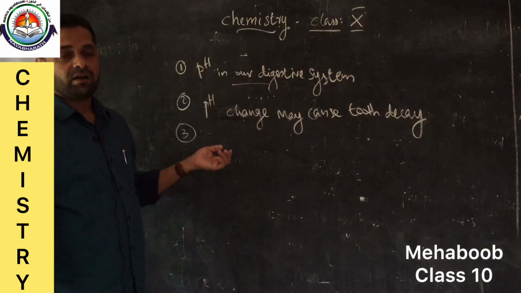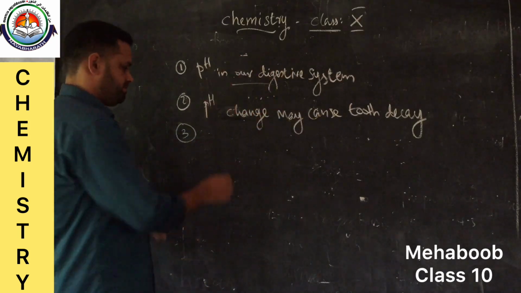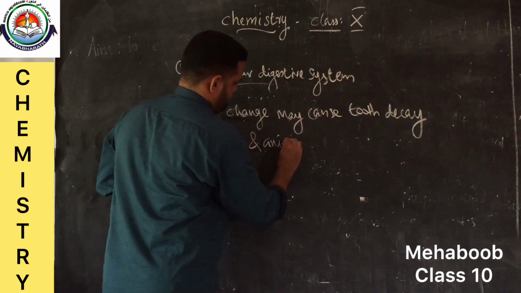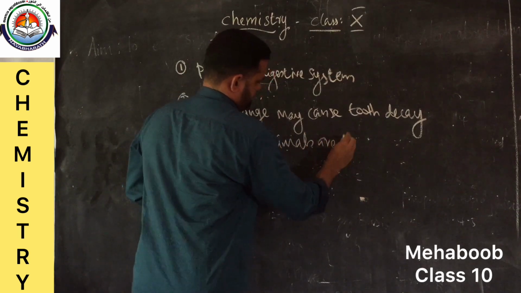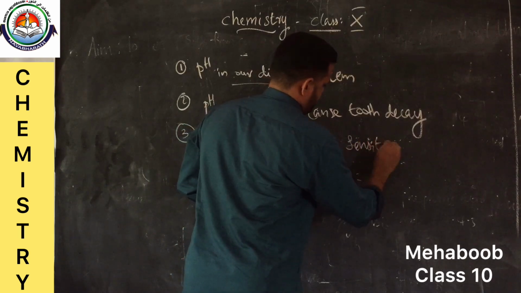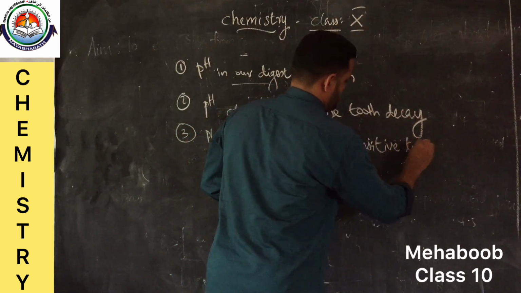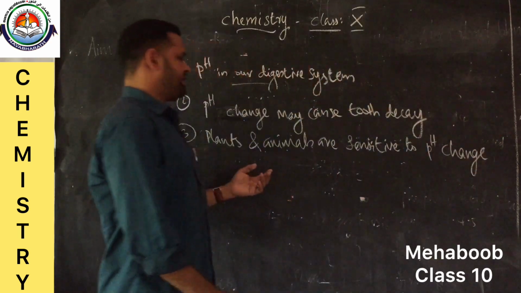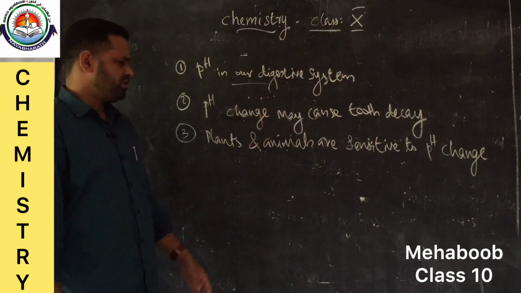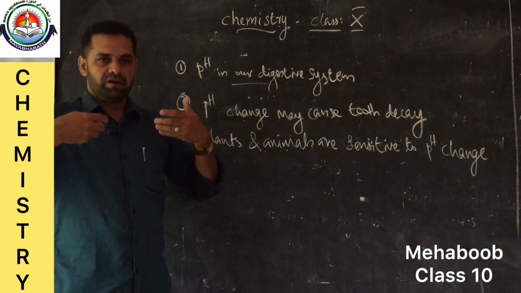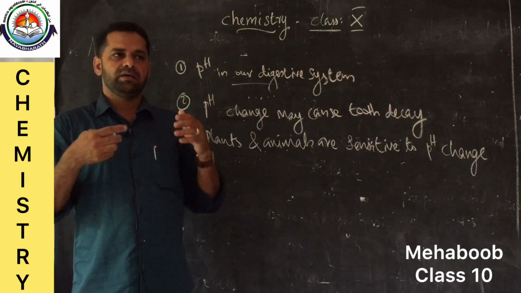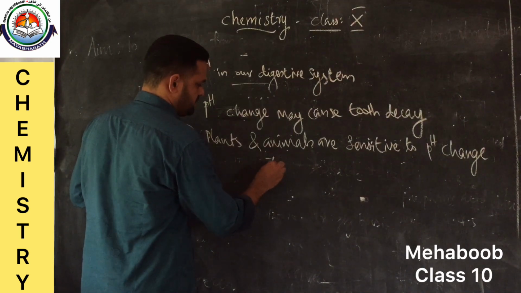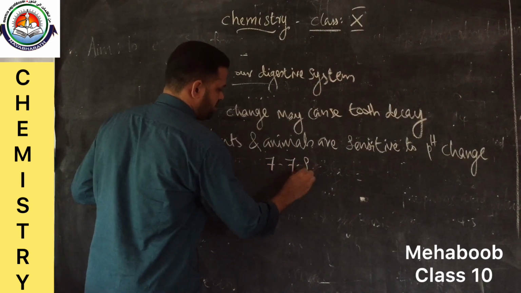And then, plants and animals are sensitive to pH change. How are they sensitive towards pH change? We know our human body works within a pH range of 7 to 7.8.